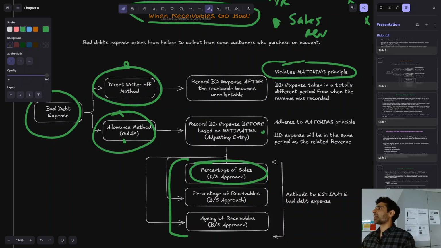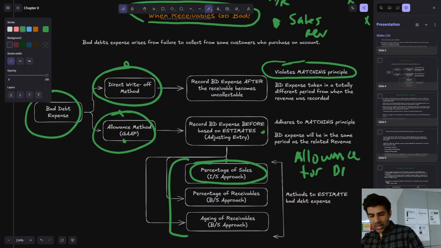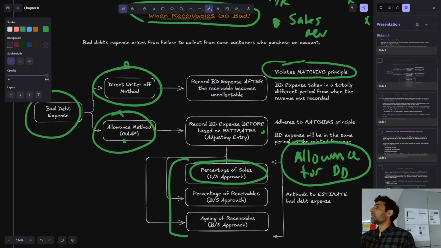It's just looking at the sales that happen, and we're going to use that to make an adjusting entry to our allowance for bad debt. This is like our piggy bank. We take the expense for bad debt in the period, and then we put basically some amount into this piggy bank of allowance for bad debt.